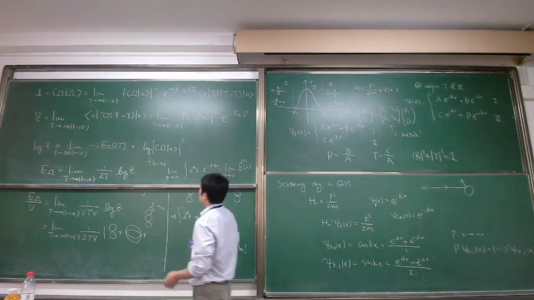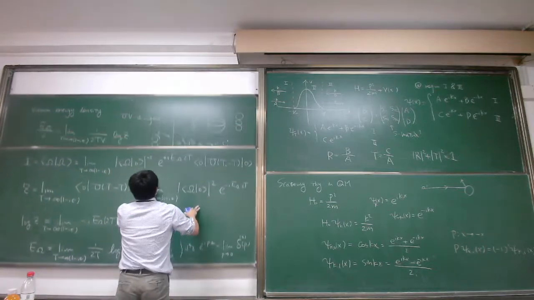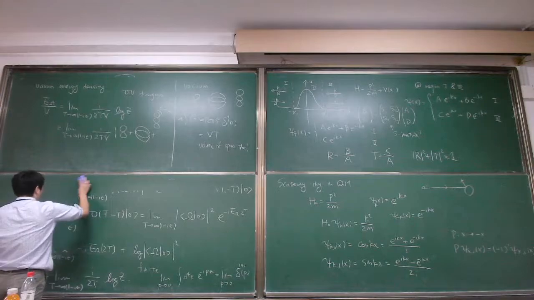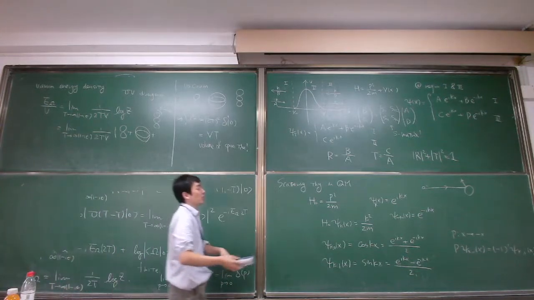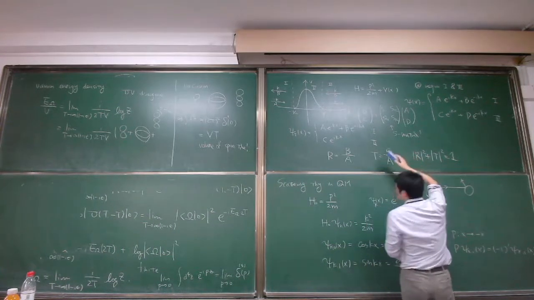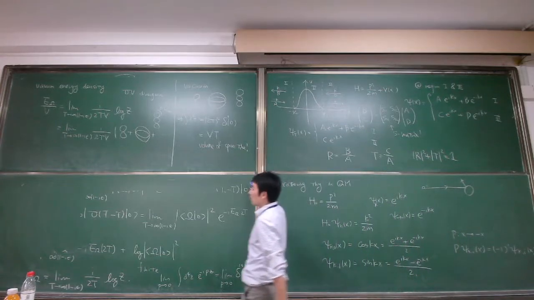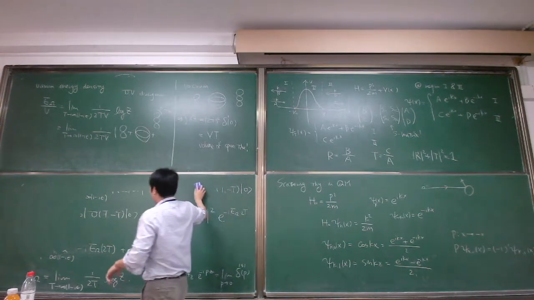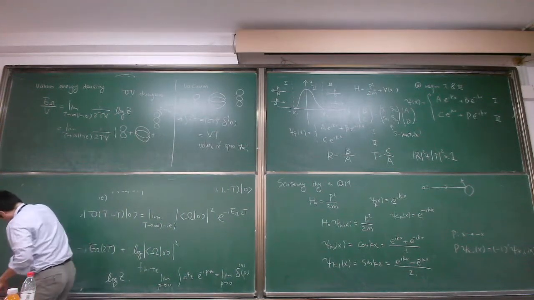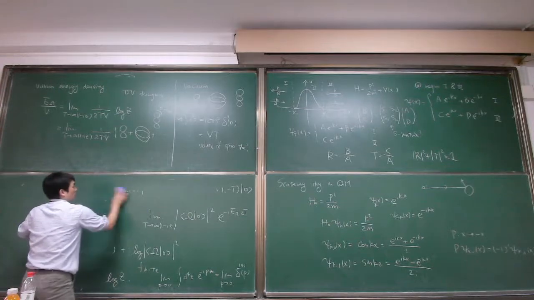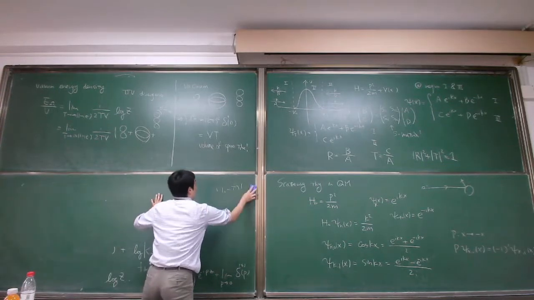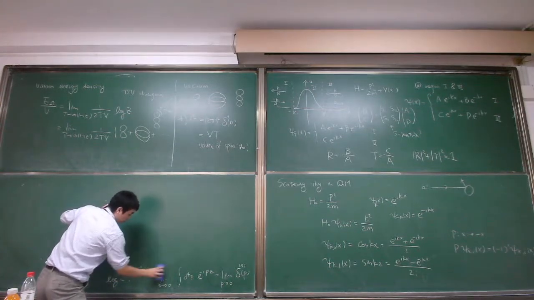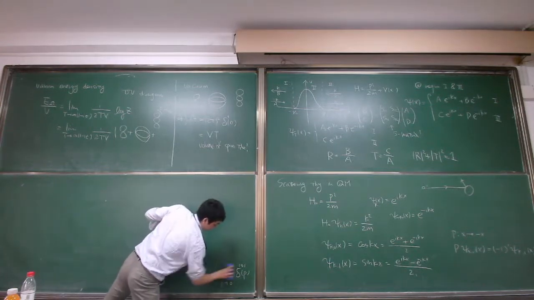Is it easier to read? So this is how the S matrix and the reflection and transmission amplitudes appear in quantum mechanics. I just remind you, you guys already learned this kind of stuff, right? In quantum mechanics. It's not a bad idea to learn it again.